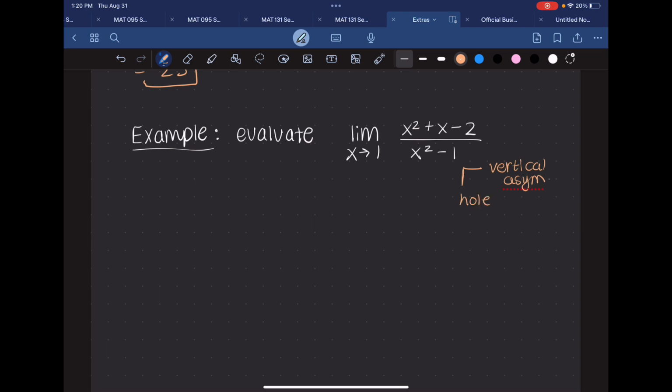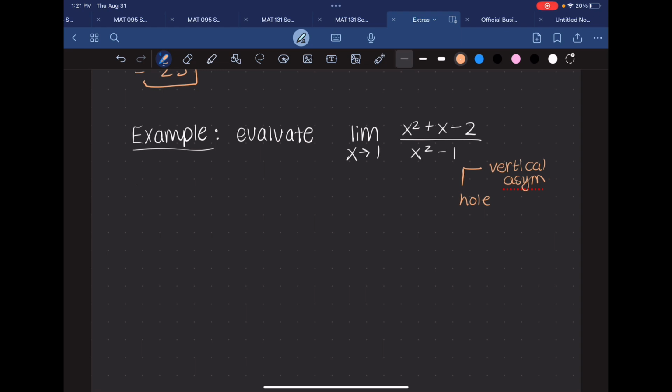And so basically, if we have a vertical asymptote at 1, we'll either have infinity, negative infinity, or does not exist for our limit. But if we have a hole, then that x value would be removed from the domain, the one that gives you 0 in the denominator, but we would still have a limit. So we need to do some algebraic manipulation to see which of these cases we have.